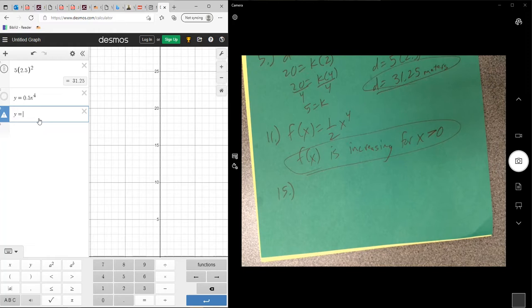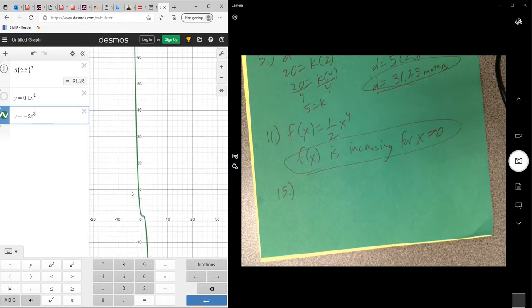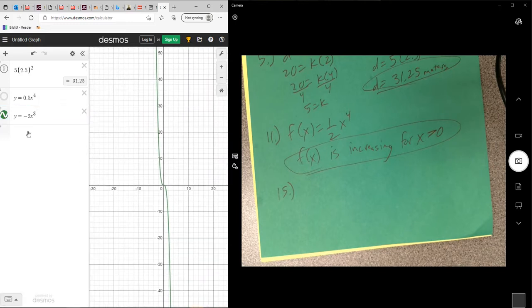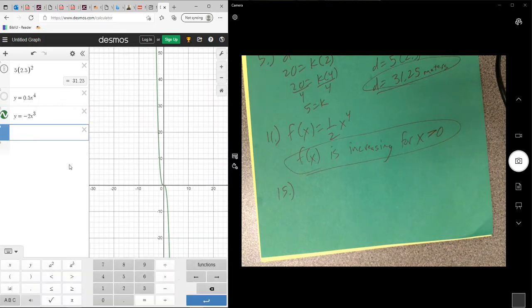Y is equal to negative 2x to the third power. Okay, that is the first graph. And then next we will have y is equal to 2x cubed. And then I believe it's plus 1.